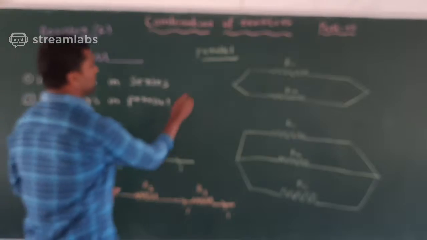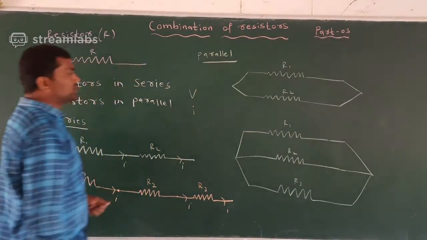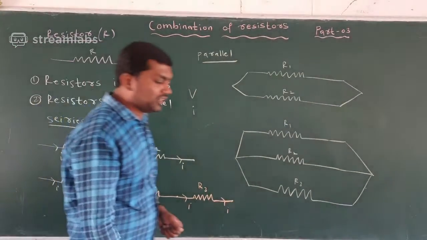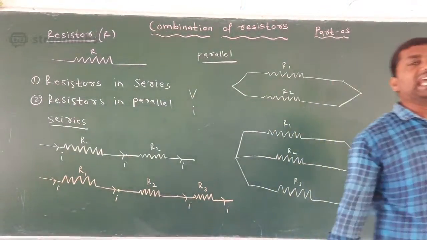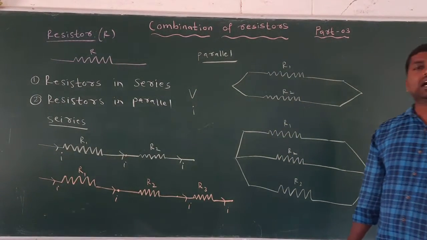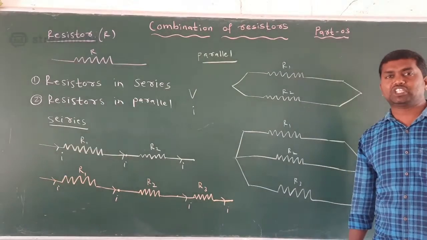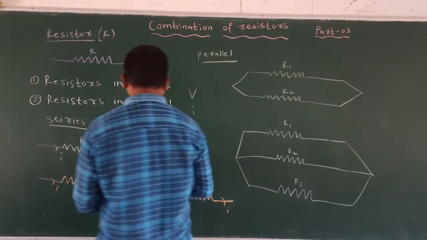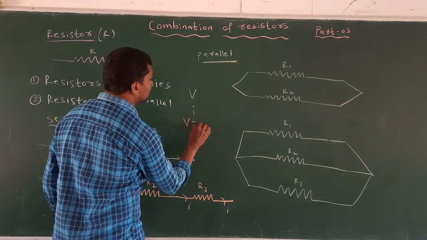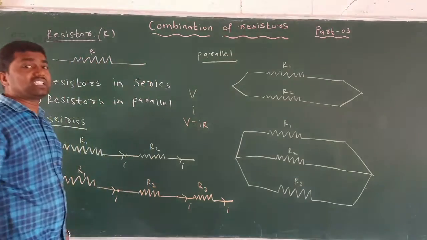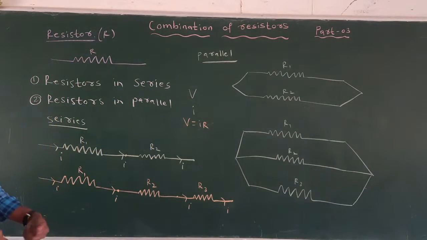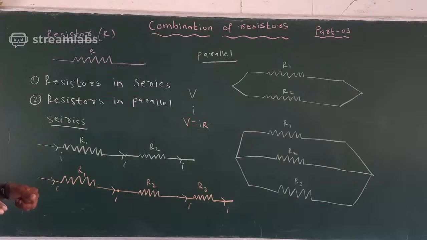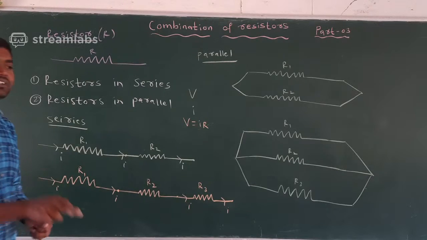Now the relation between the potential difference V and the current I. Already we know the relation between the electrostatic potential difference and electric current. By Ohm's law, we can write V is equal to IR. By using Ohm's law, we can derive the equation for the effective resistance in series combination as well as in parallel combination.